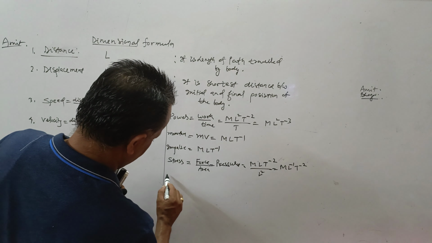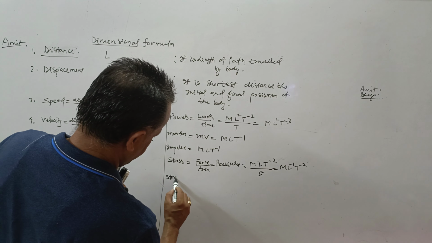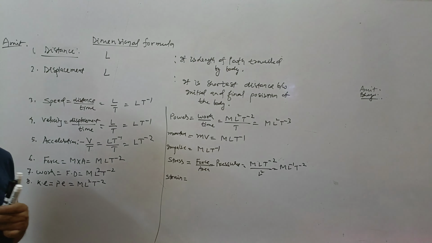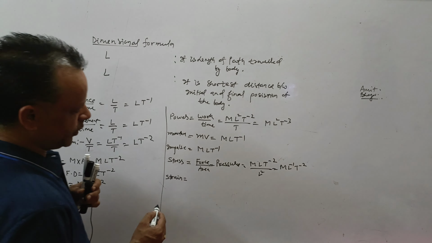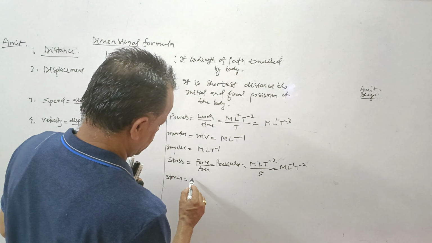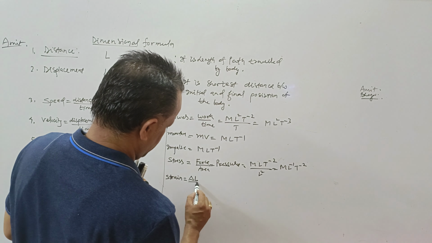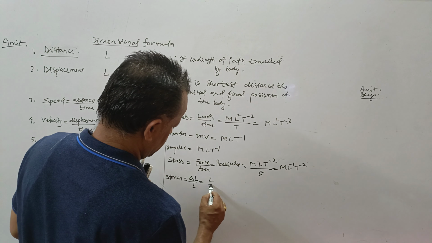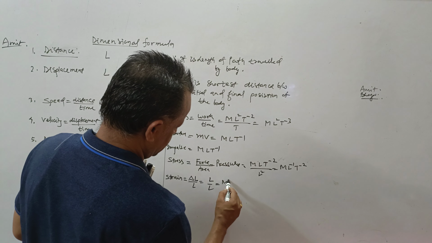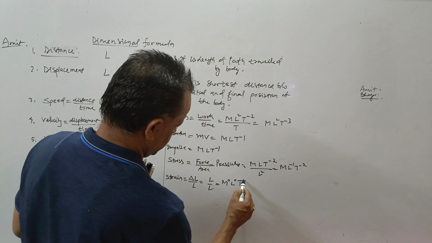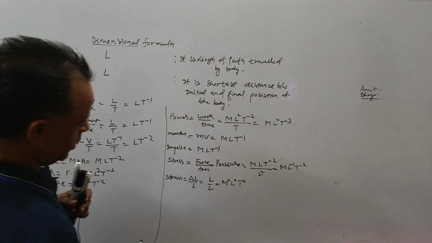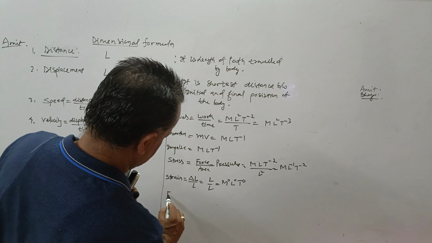Then we have the dimension for strain. Strain is basically change in configuration upon original configuration, delta L upon length. So it comes out to be dimensionless: M0 L0 T0.